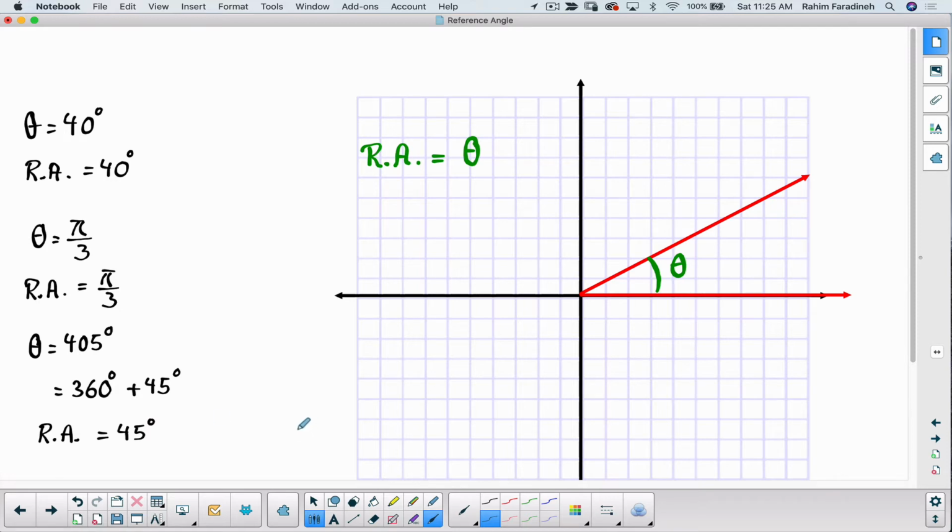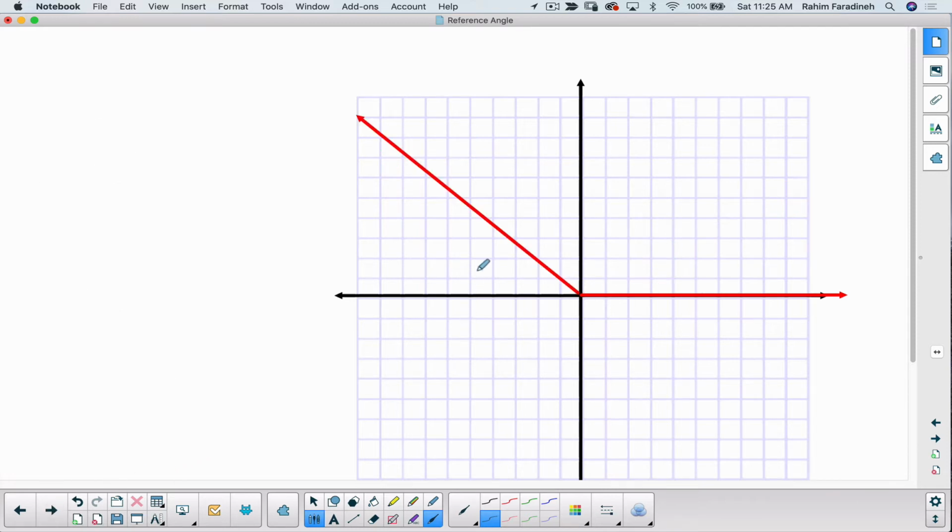Now let's take a look at if the angle ends in the second quadrant. As we showed earlier, this will be angle theta, and this would be the reference angle for angle theta.